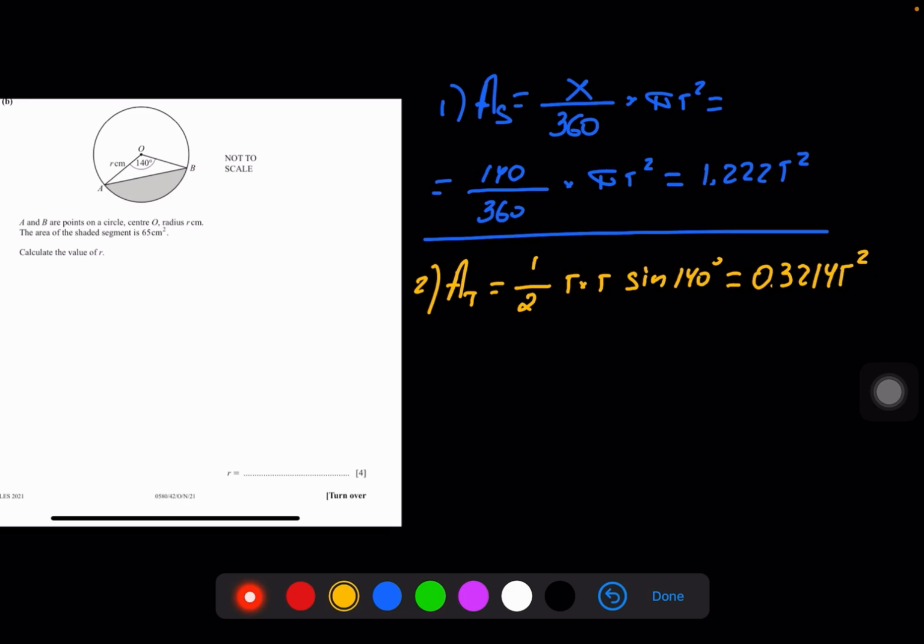And thirdly, if we subtract the triangle's area from the whole sector's area, we can find the shaded part.